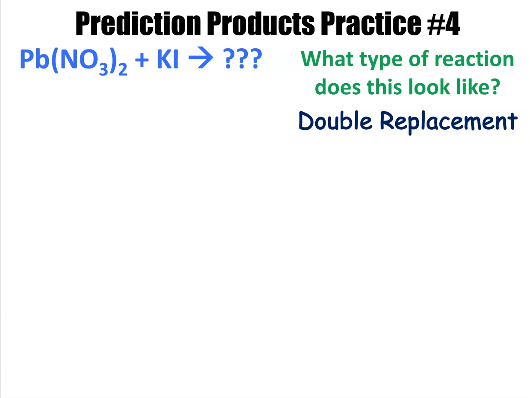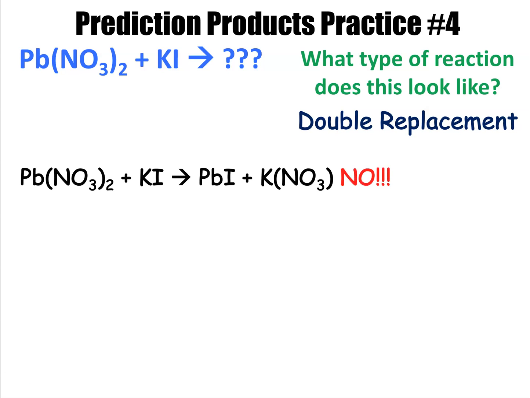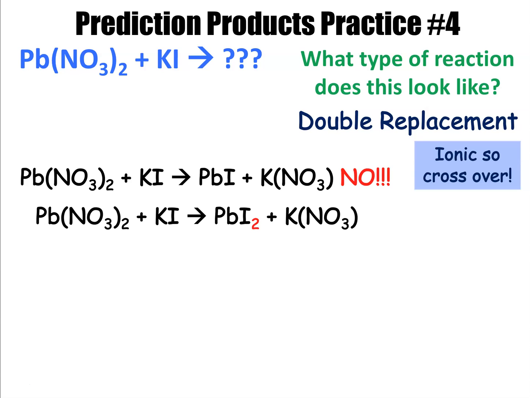Well, if I do that with the reaction that I've written above, I'm going to get this, but again, I have a problem. When you write your products, you have to rebalance your ionic compounds with crossover of the charges. So by doing that, I should have this.